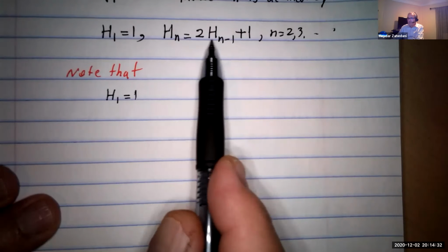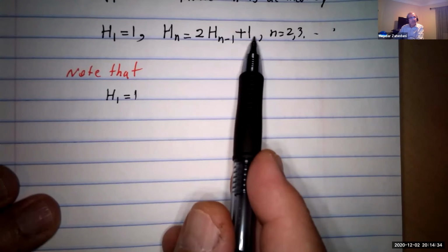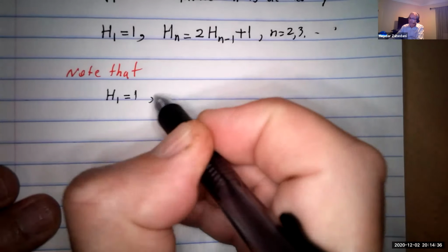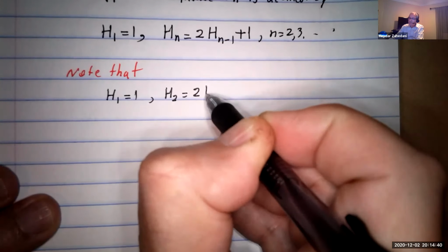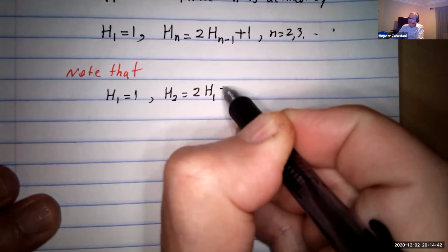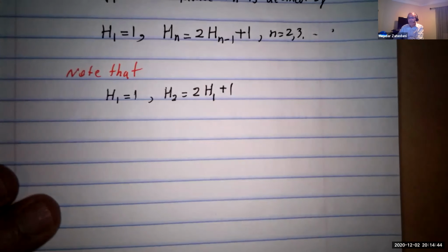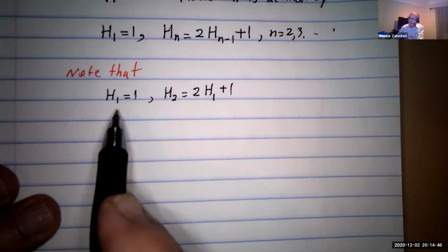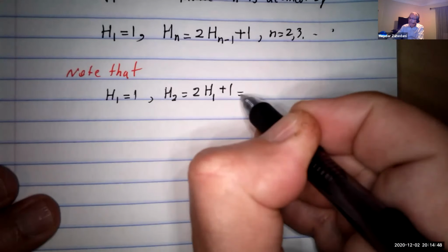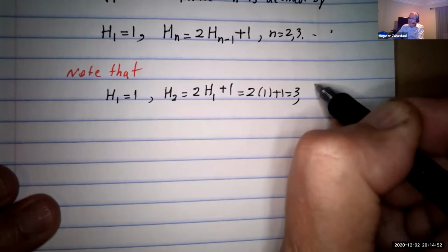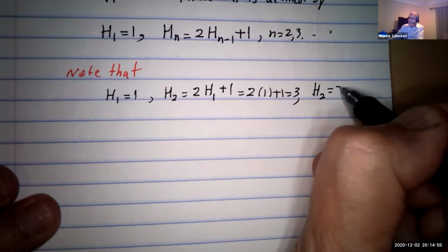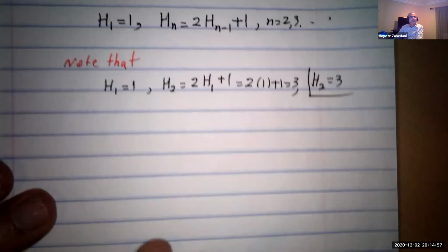Each term is twice the previous one plus 1. So if you want to find H_2, it's going to be 2 times the previous one, H_1, then plus 1. H_1 is 1, so it's going to be 2 times 1 plus 1, which is 3. So H_2 is equal to 3.